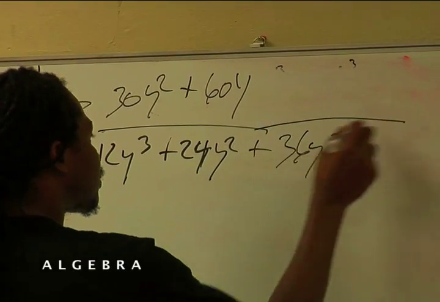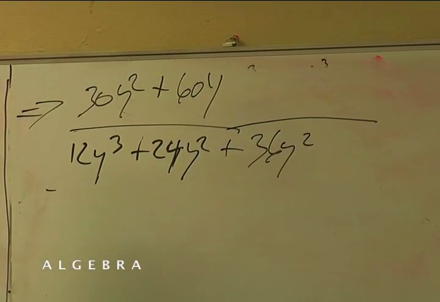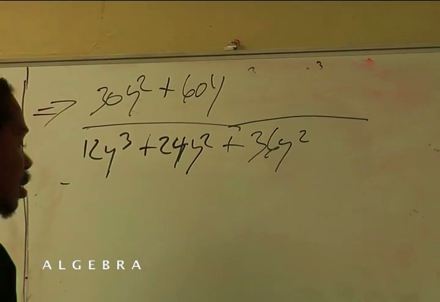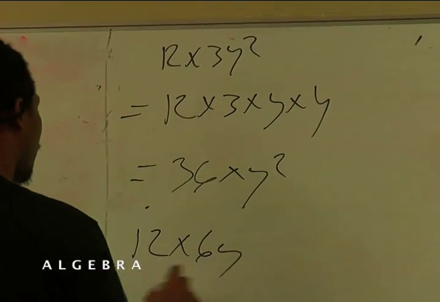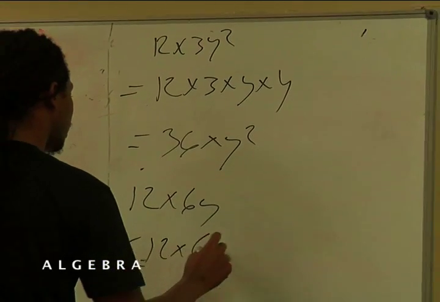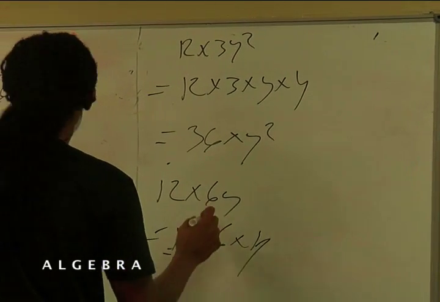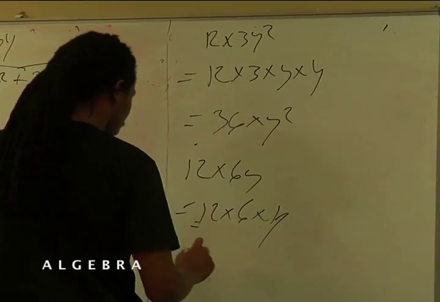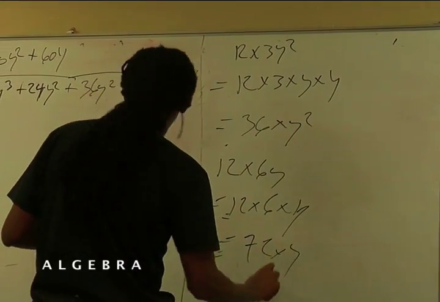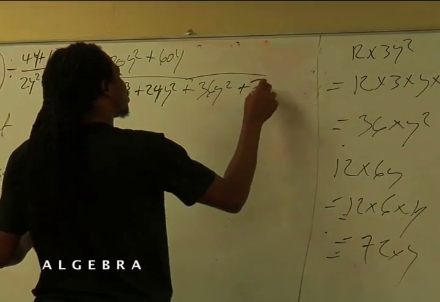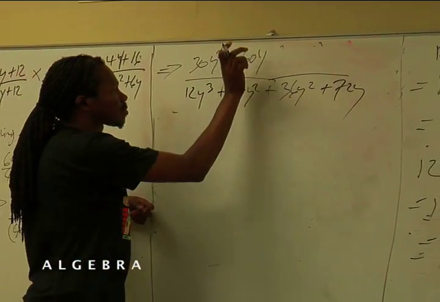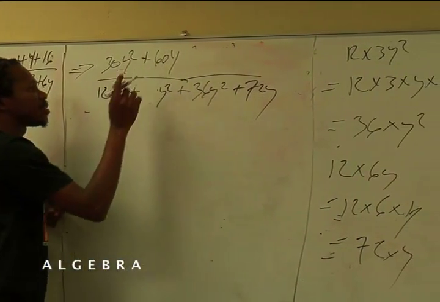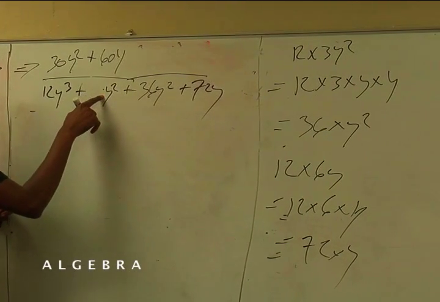And then 12 times 6y equals 12 times 6 times y equals 72, so plus 72y. You see that?